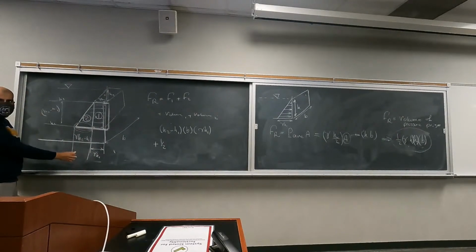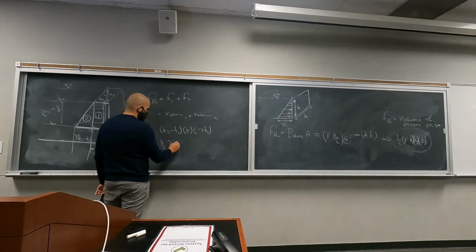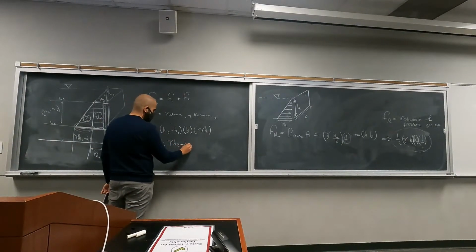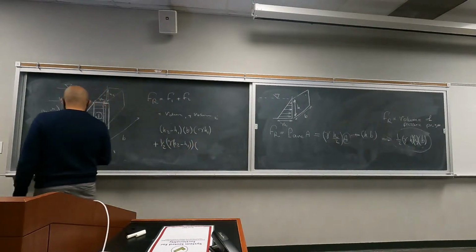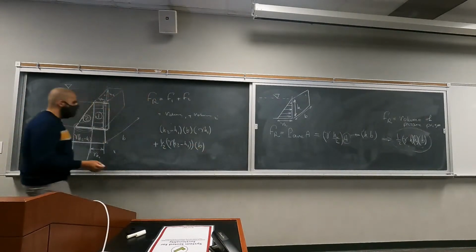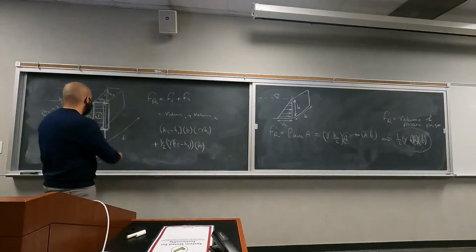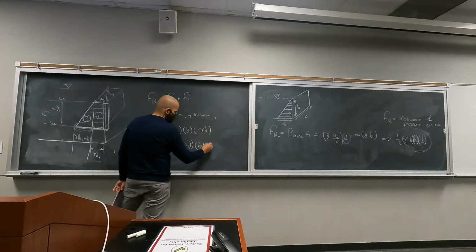So 1/2 gamma (H2 minus H1) multiplied by B multiplied by, again, H2 minus H1, which is going to be the depth of it.